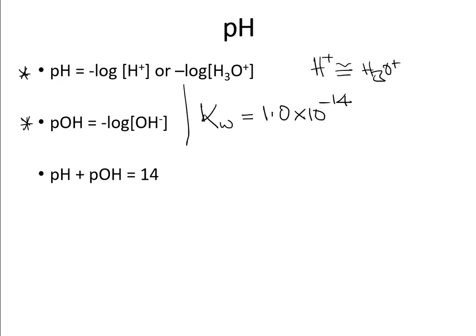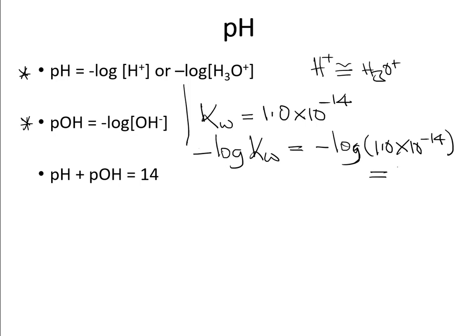Now, if you take negative log Kw, this will be equal to negative log 1.0 times 10 to the power negative 14.